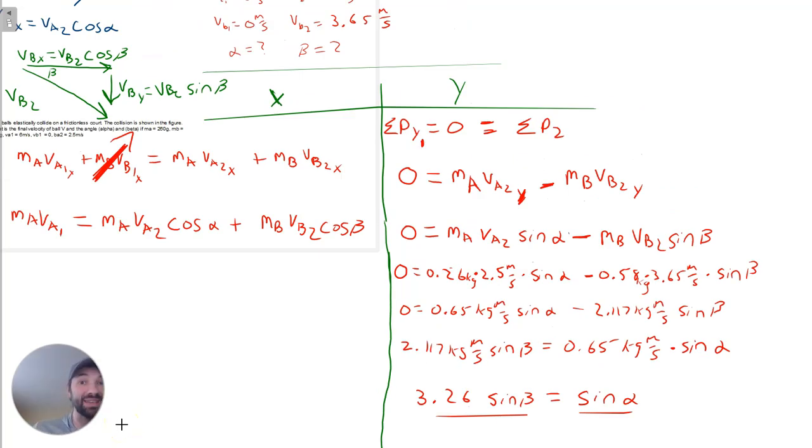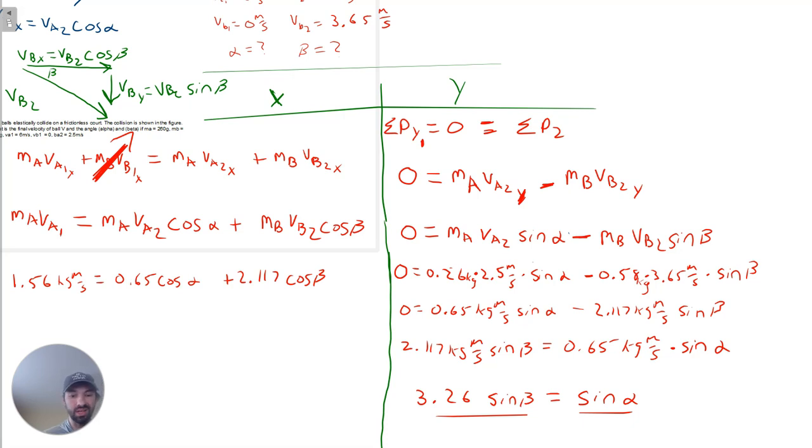We have to do the same thing on the x side. We're just going to plug in all the numbers. So I'm just going to write down what it all comes out to. 1.56 kilogram meters per second equals 0.65 cosine alpha plus 2.117 cosine beta.